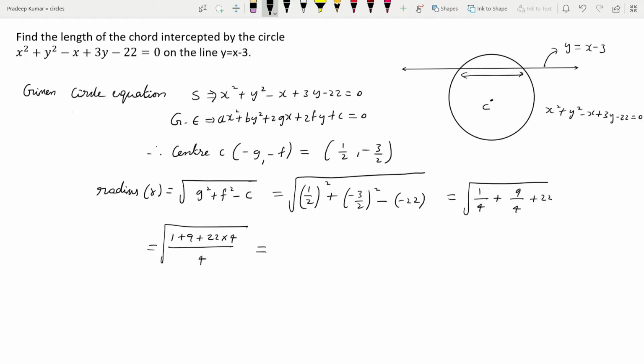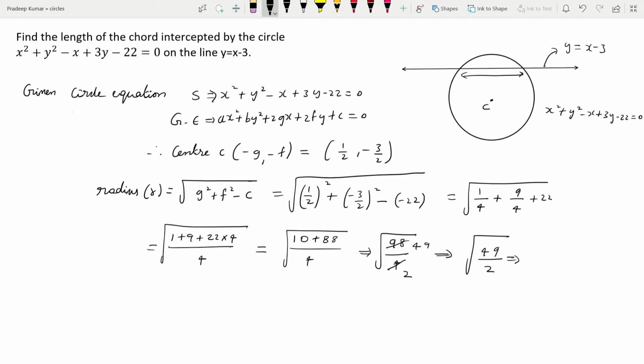This is 9 plus 1, which is 10, plus 22 into 4, which is 88, over 4 under root. So 88 plus 10 is 98/4. We can cancel this: 2 twos are 4 and 2 49s are 98. So we're getting this as √(49/2).